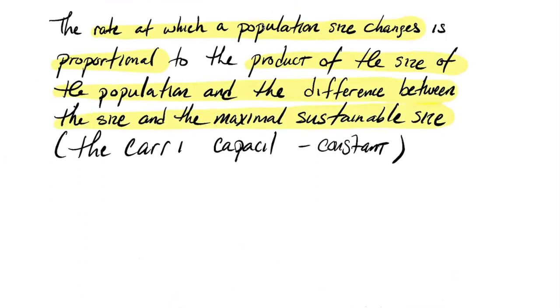That maximal sustainable size is called the carrying capacity. It looks like my eraser got a little out of control. Let me write that again. The carrying capacity. So carrying capacity and maximal sustainable size are synonyms.